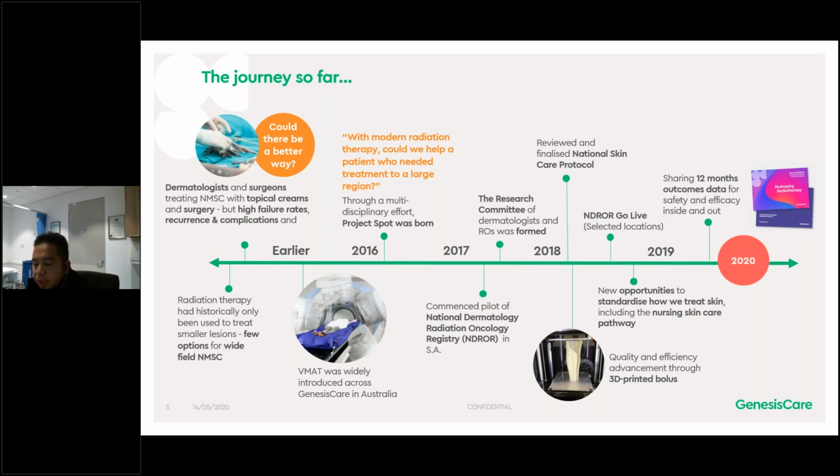It started off in Australia, in South Australia, and from then on we started off with Project Spot, which is something that we're going to talk about in a bit more detail in a minute. And moving forward, we've done over 2 years of this now. I haven't quite got the full updates of the whole registry, but I have some key points to share with you, the audience today.